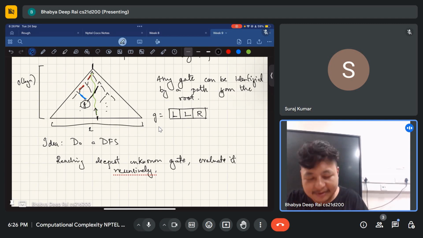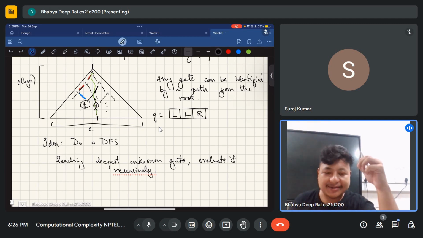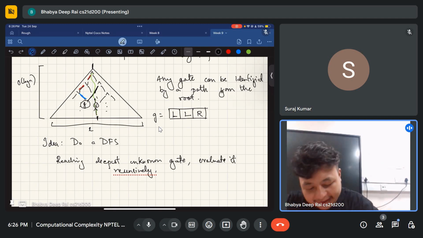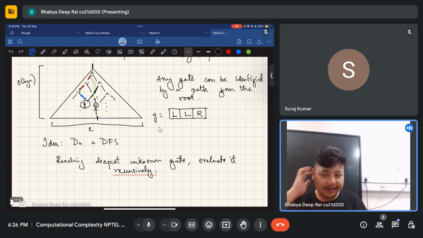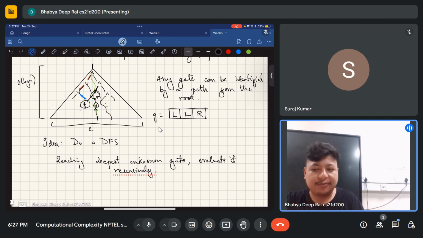Let's say there is an OR, then this will give a 1, and if this was an AND, then I needed to look at both the leaves. And so on. I do this, and this gives a 1. I know that. But I know only about that single path. And then there may be another gate out here. To do that, I do the entire computation once again, starting from here.